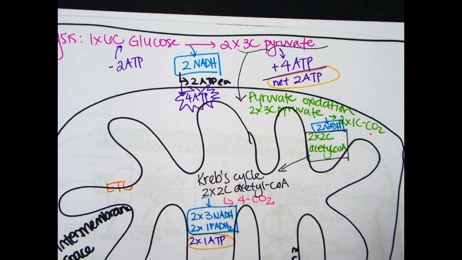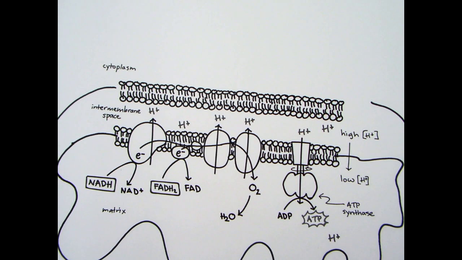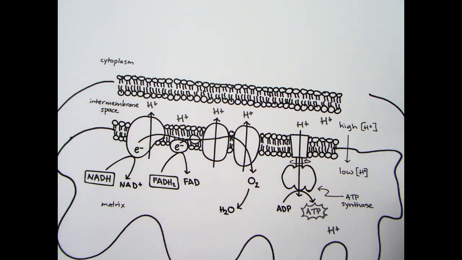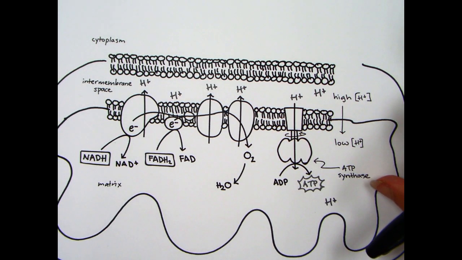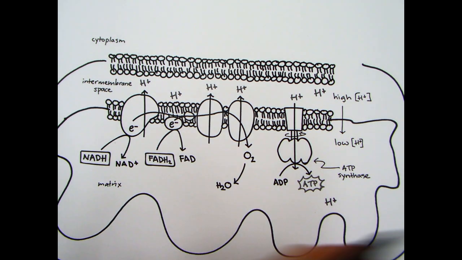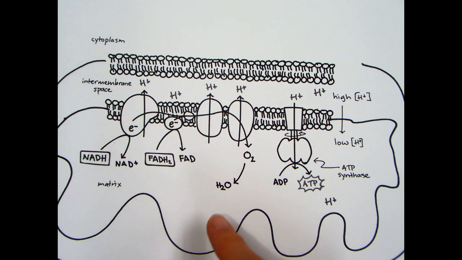So you might be wondering why the mitochondrial NADH and the mitochondrial FADH2 are different, and this is why. So here is our electron transport chain. It's physically located in the inner membrane of the mitochondrion.